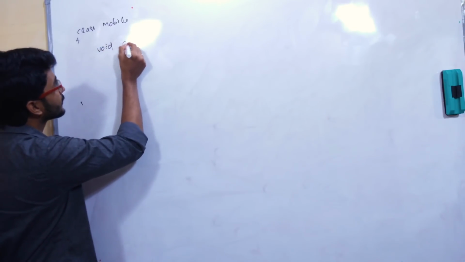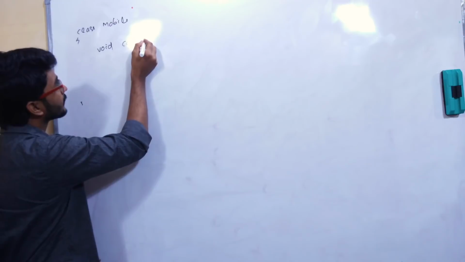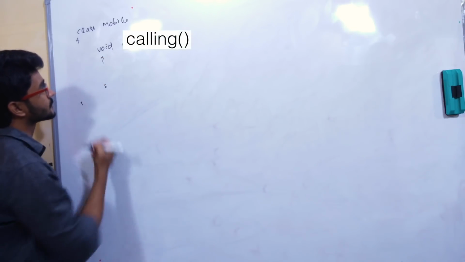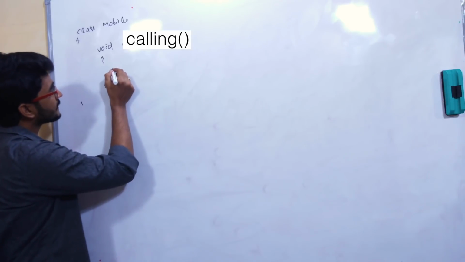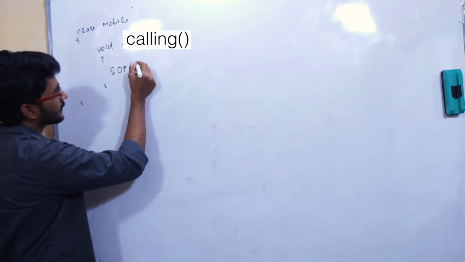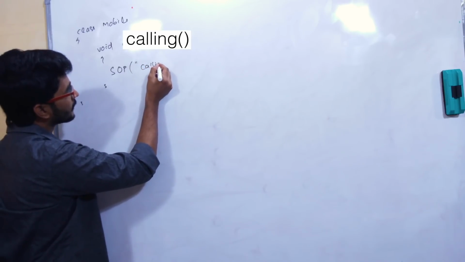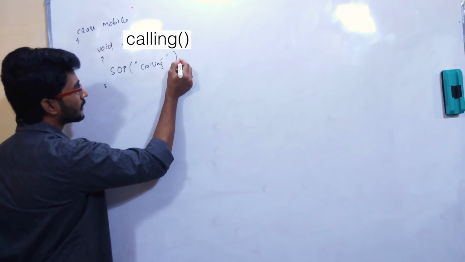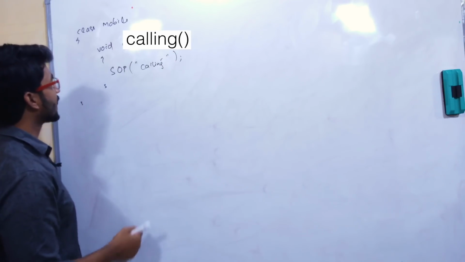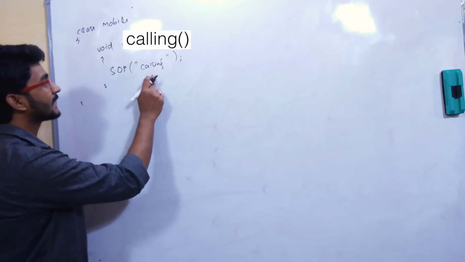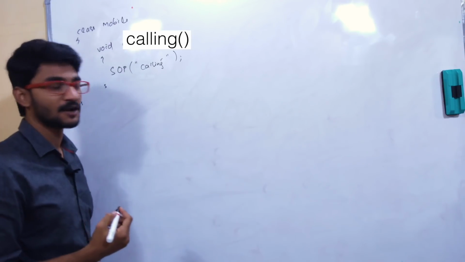I'll write void calling, with parentheses and curly braces, and a simple print statement inside this calling method: "calling". So I have a class called Mobile, I have a function called calling, and inside the calling method, I'm just printing the statement calling.